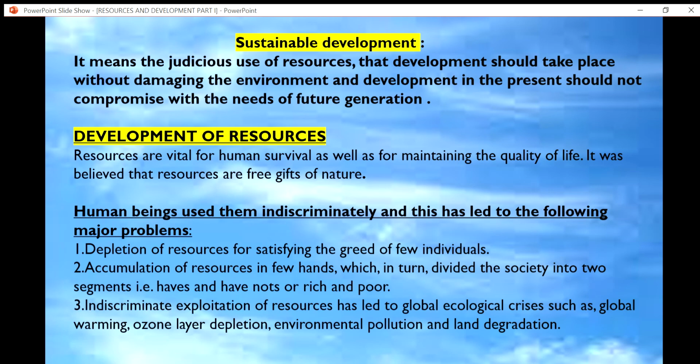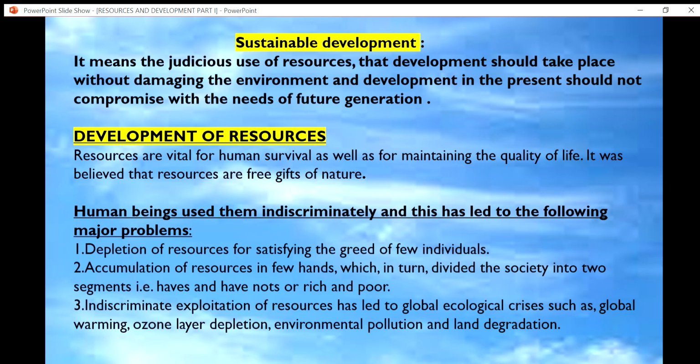Now, development of resources. It is for our well-being as well as for the quality of life. It was believed that resources are free gifts of nature. Human beings use them indiscriminately, and this has led to the following major problems: depletion of resources for satisfying the greed of a few individuals, and accumulation of resources in few hands.